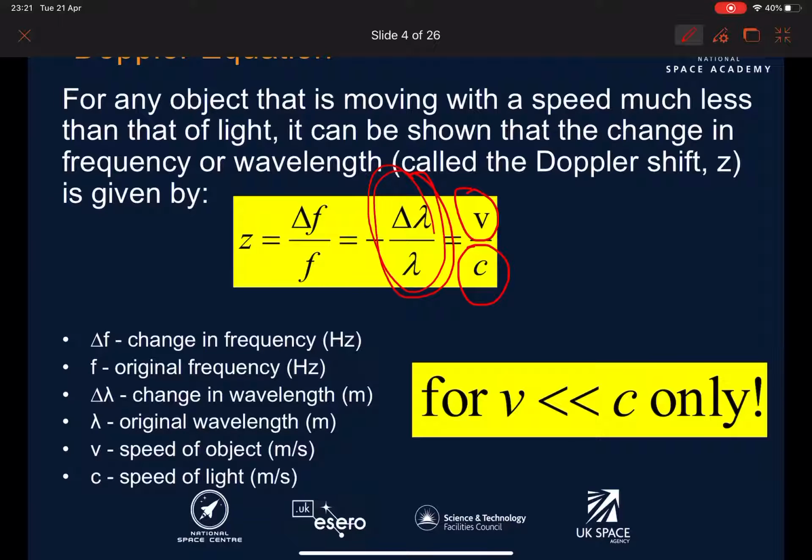If we see that pattern and we know it's hydrogen because we've got those particular lines and they're particularly spaced, but they're not in the right place on the spectrum, so they've been moved to the left or right, so maybe the lines make this pattern, but actually we're seeing them over here, okay, they've been shifted this way, then we can work out that change in wavelength here and use the speed of light to work out the velocity. So that's the idea.